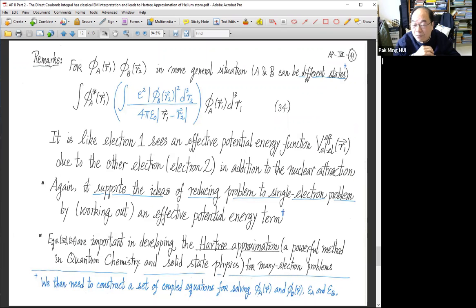That can be done for excited states. But in our course, I just want to convey the main concept. Later on, if you really need that in solid state physics calculation, in molecules calculation, using a package, at least you know what the program is doing.